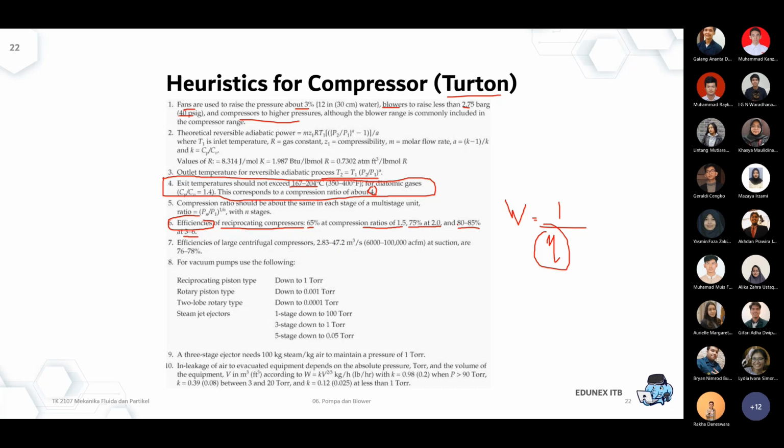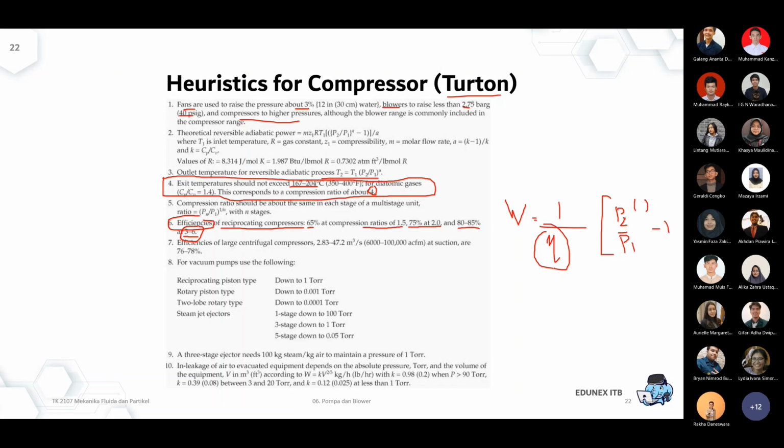It's not too linear. That means it doesn't mean that the reciprocating compressor will be the best operation when we force it to a pressure ratio of 3 to 6. Why? Because you remember that it will be multiplied by something like P2 per P1, and -1, and then we have gamma per gamma -1.